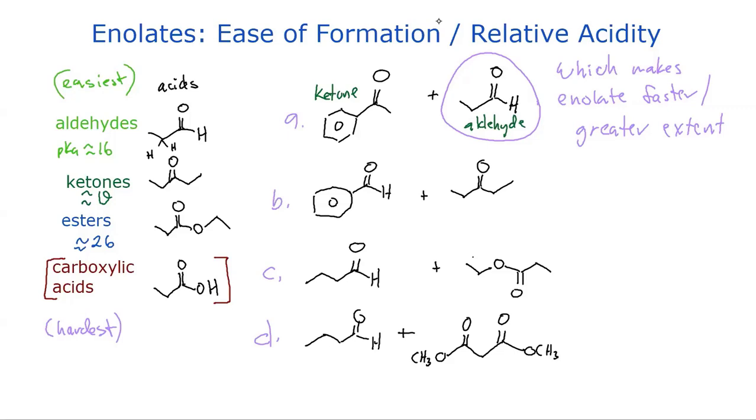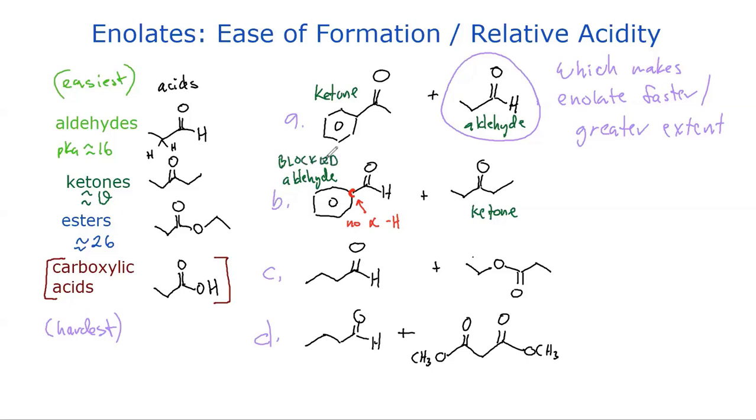In this next pair, similar situation. We have a ketone, we have an aldehyde. But notice that this aldehyde has no alpha H's, and so it's what we would call a blocked aldehyde.